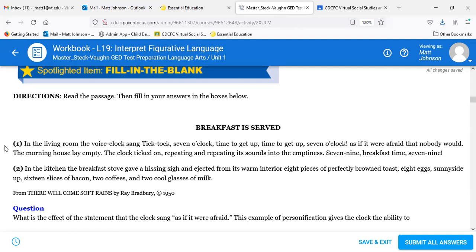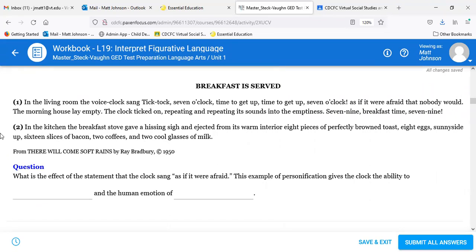And then we have a breakfast stove that's making breakfast for everybody. Those aren't around yet, so we don't see that very often, but we do have stuff that's going to talk to us and tell us what time it is and things like that. So that's from 1950.